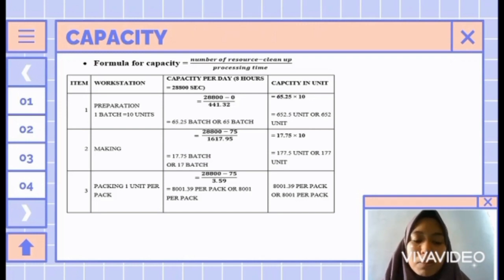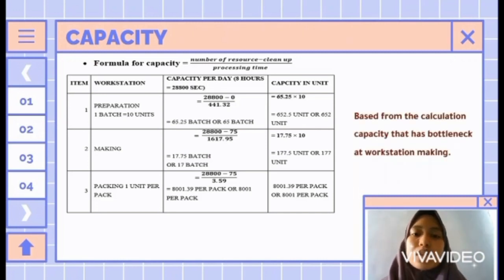For capacity in unit making, 177.5 units or 177 units. Capacity unit for packing 1 unit per day is also the same as capacity per day, that is 8,001.35 per pack or 8,001 per pack, because the packing is 1 unit per pack.